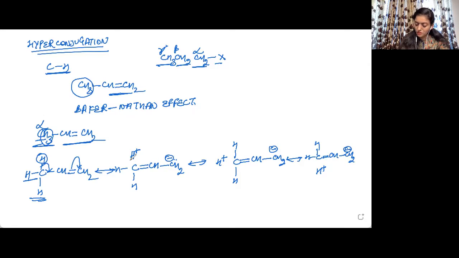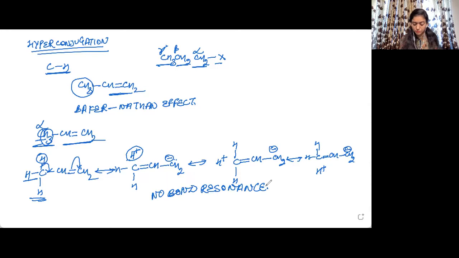Now, it seems as if this hydrogen is not bonded to the carbon and is in the air. Actually, it is having interaction with this carbon. It is not free to move, but it appears as if there is no interaction. So hyperconjugation is also known as no bond resonance, because it seems as if there is no bond between carbon and the hydrogen carrying this positive charge. So this is the concept of hyperconjugation.